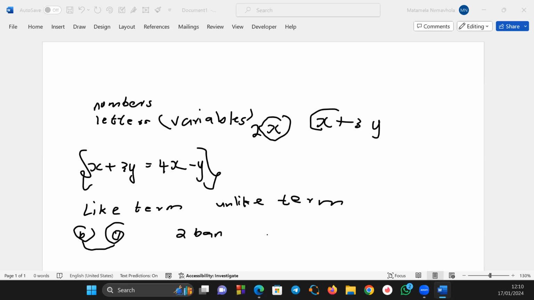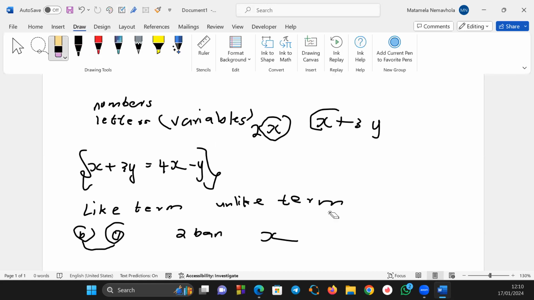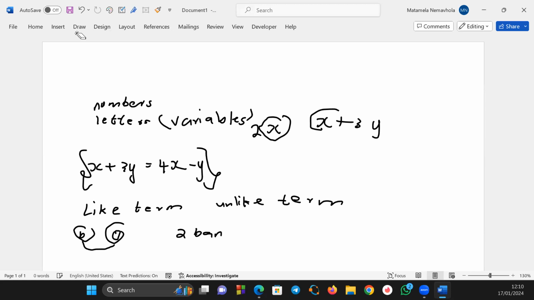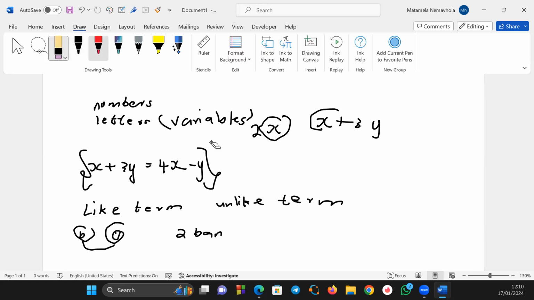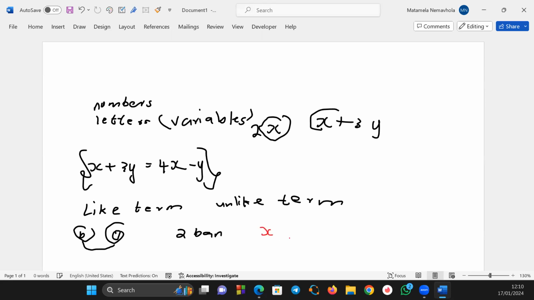Now it's still the same in mathematics when you are dealing with numbers. If you have x, and also, let's say for example, plus y.